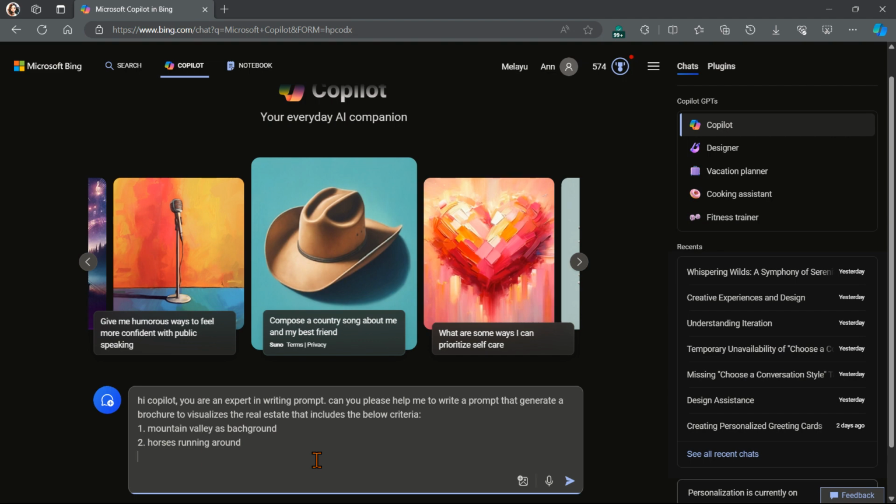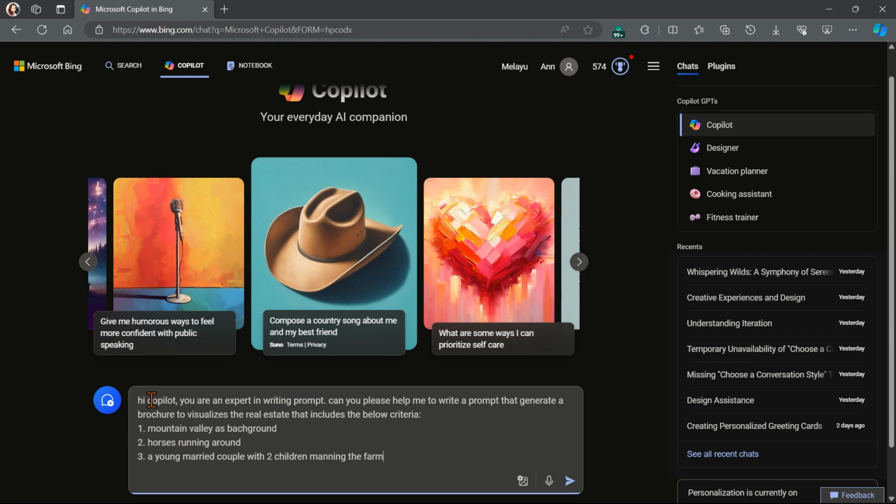Three: young married couple with two children manning the farm.